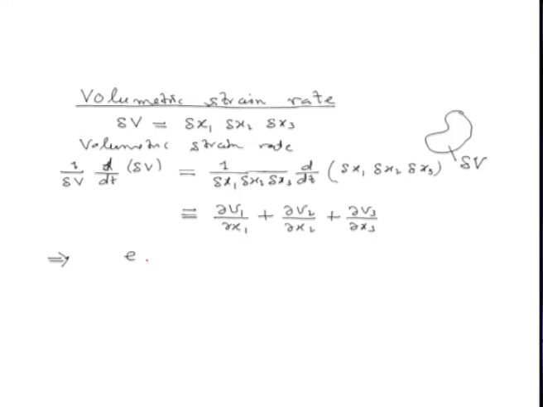In other words, if you use the symbol e subscript V dot to denote our volumetric strain rate, this is given by del V1 over del x1 plus del V2 over del x2 plus del V3 over del x3, which we can easily identify as the divergence of the velocity field.